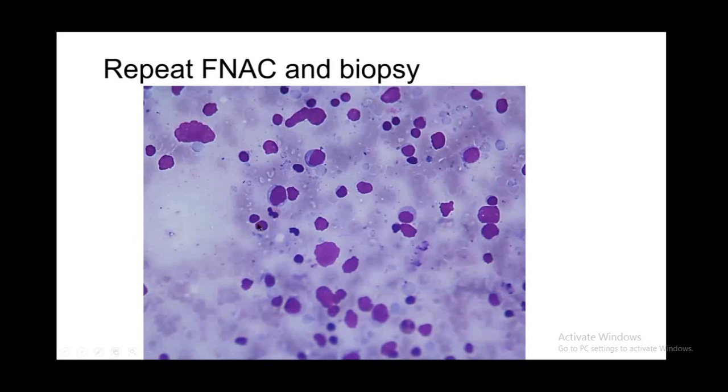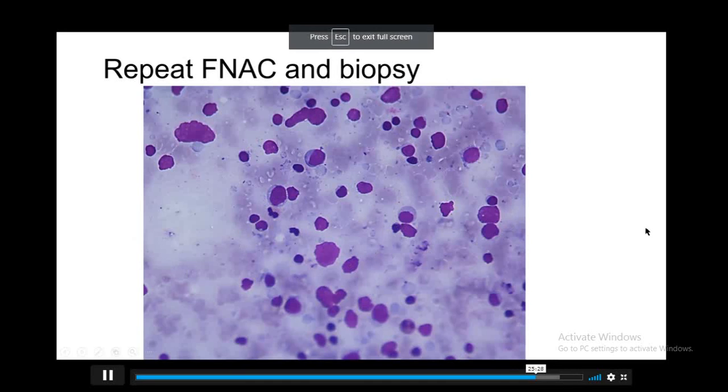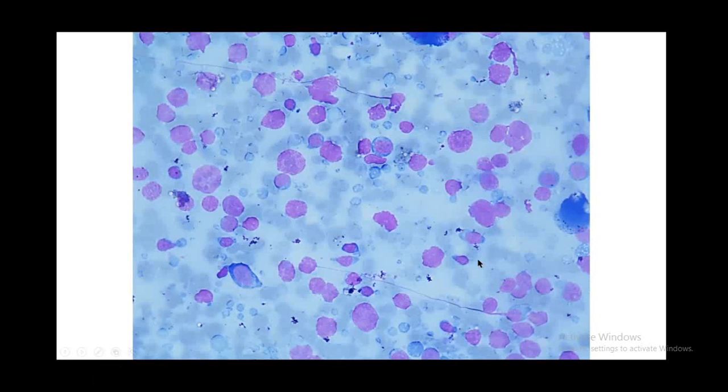These are singly scattered cells with high NC ratio admixed with lymphoid cells. There are still degenerated cells, but the cells which are preserved show high NC ratio, open chromatin with basophilic cytoplasm, and many lymphoglandular bodies could be seen in the background.